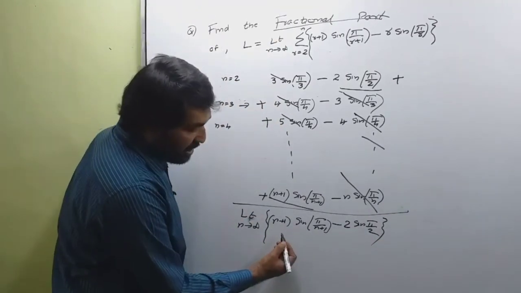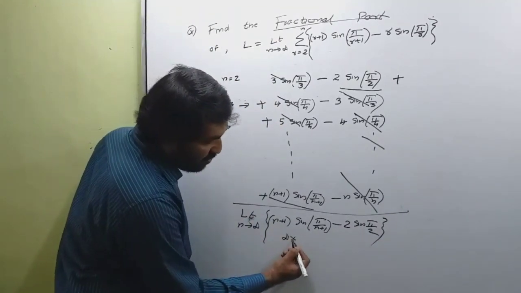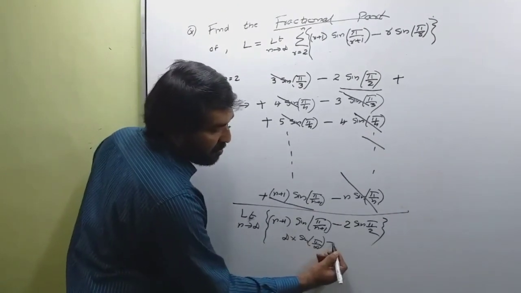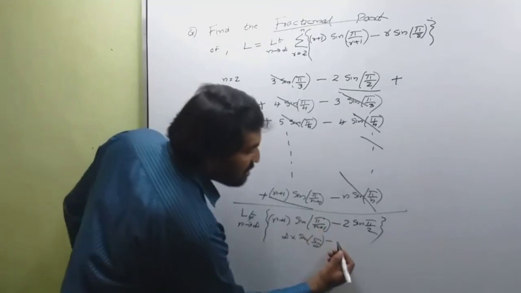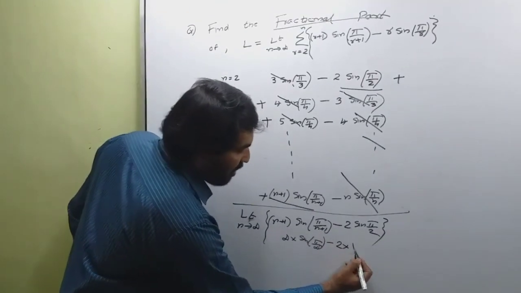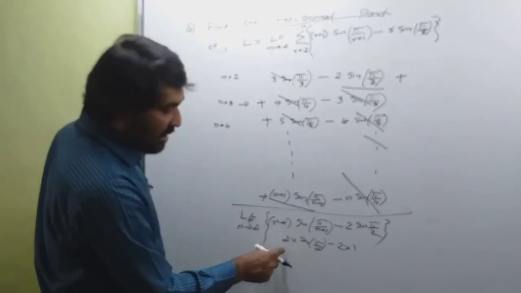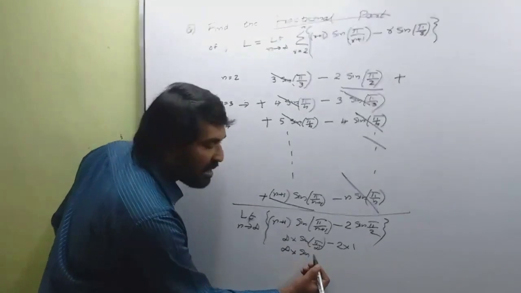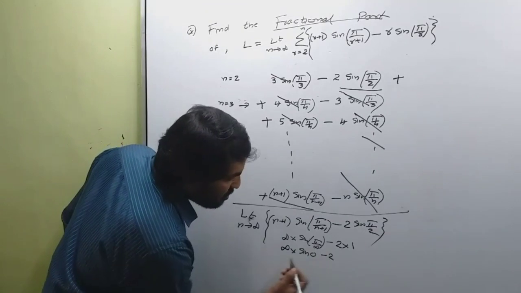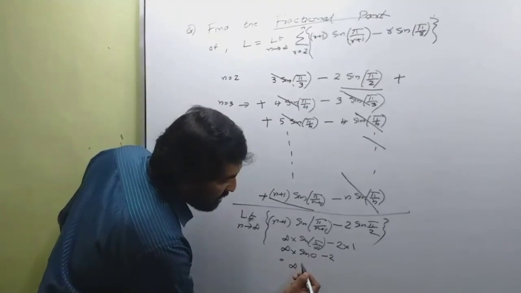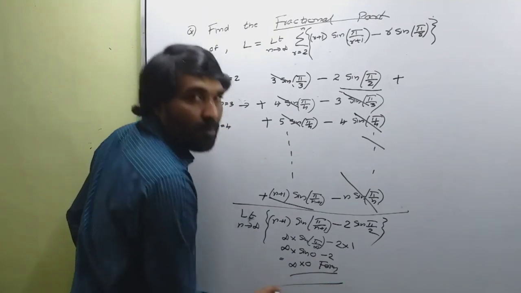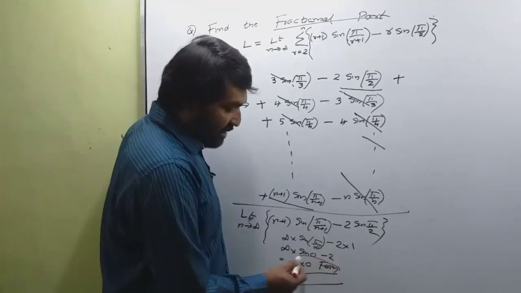By direct substitution, this becomes infinity into sin(π/infinity) minus 2 sin(π/2). That is 2 into sin(π/2), which is equal to 1. So this term becomes infinity into sin 0, since π/infinity is 0, minus 2. That is infinity, and sin 0 becomes 0. This is the infinity into 0 form.